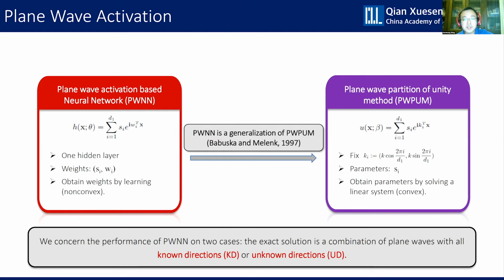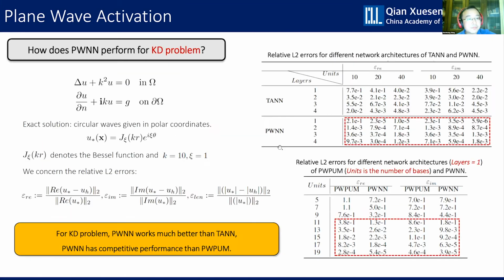Now we consider the performance of our method in two cases. The exact solution is a combination of plane waves with known direction or unknown direction. For the known direction problem, we consider the exact solution to be a circular wave based on a Bessel function. These two tables give the comparison between our method, the traditional activation method tanh, and the PWPM.